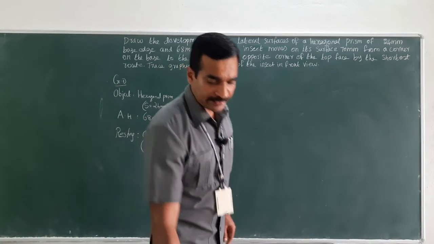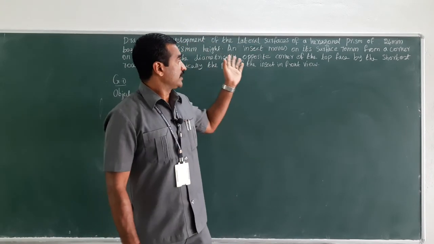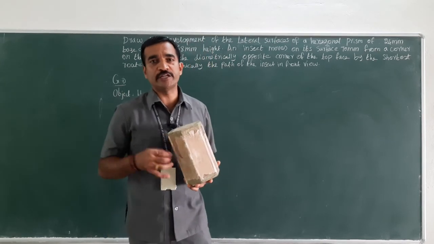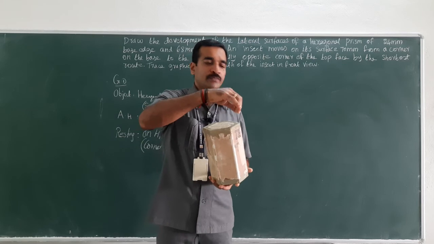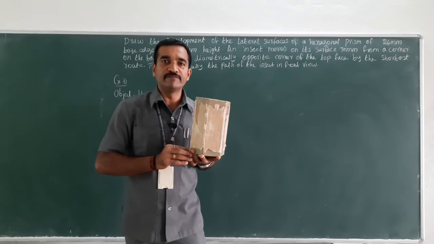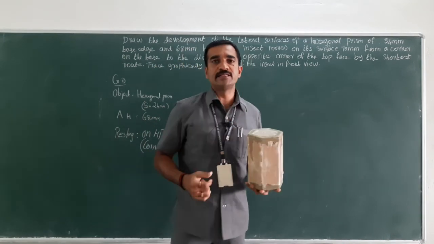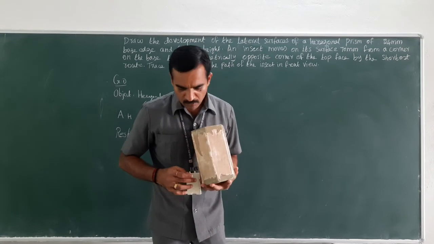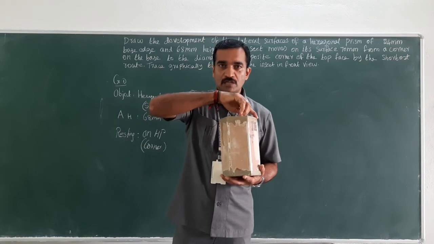Here, instead of saying the insect moves on the surface, they can specify that a string is bound around from one corner to the opposite diametrical corner and ends at the same point where it started. Here, instead of string, it says the insect is moving from one corner to the opposite corner.